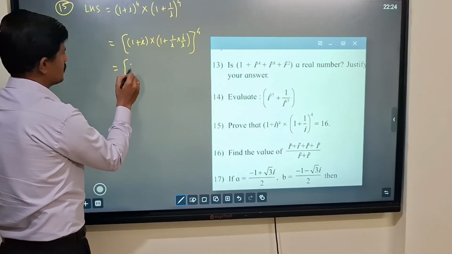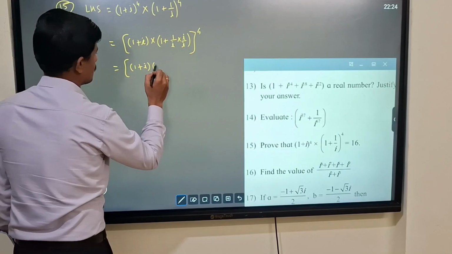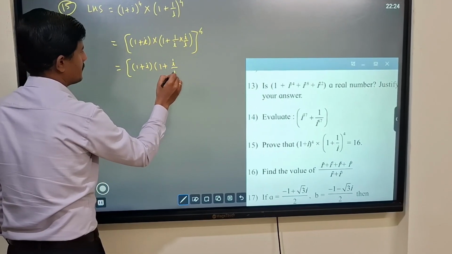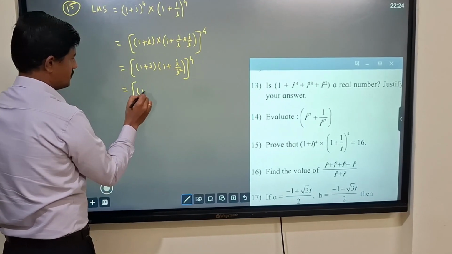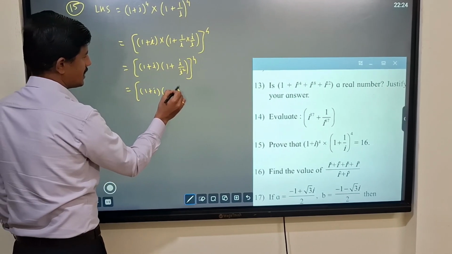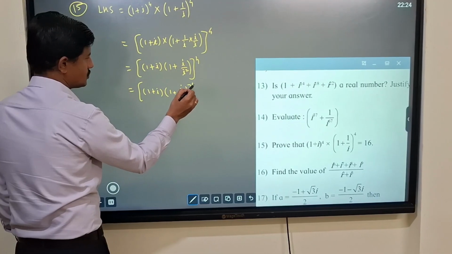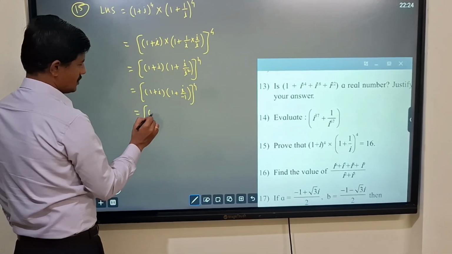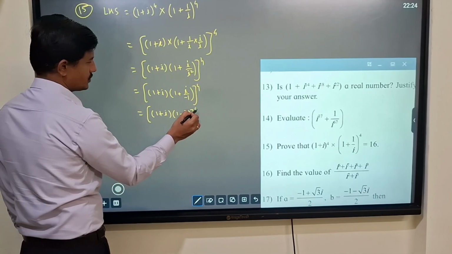So this becomes 1 plus i. Here it becomes 1 plus i upon i square. So 1 plus i into 1 plus i upon, this is minus 1, i square is a minus 1, raised to 4. So this becomes 1 plus i into 1 minus i, whole raised to 4.